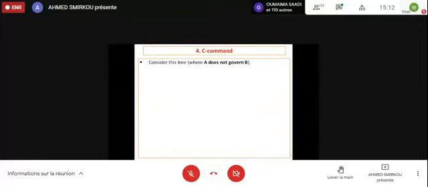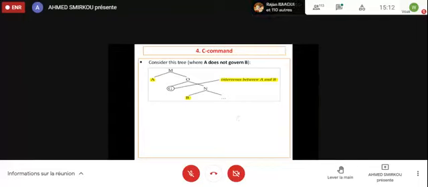Now consider this tree. A does not govern B, as I was explaining, because G intervenes between A and B. Now, A, of course, governs J because there is no node between them. So what are the conditions of government?